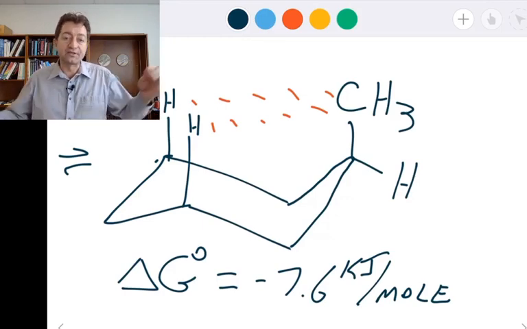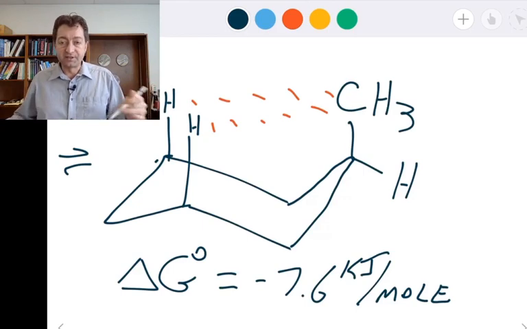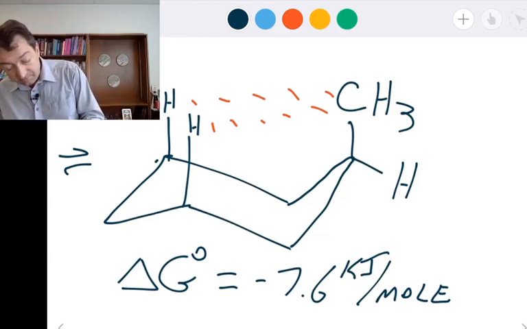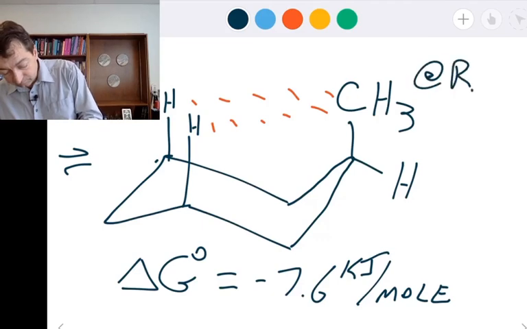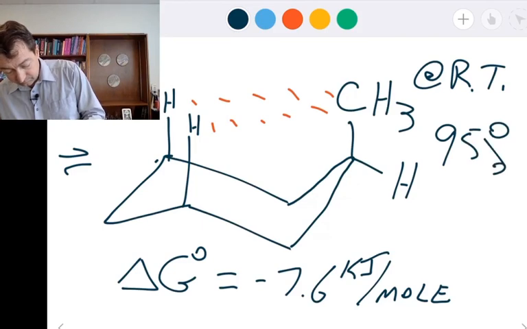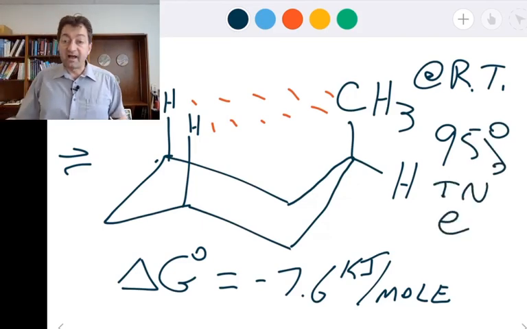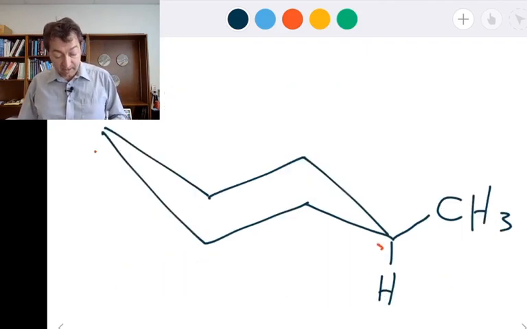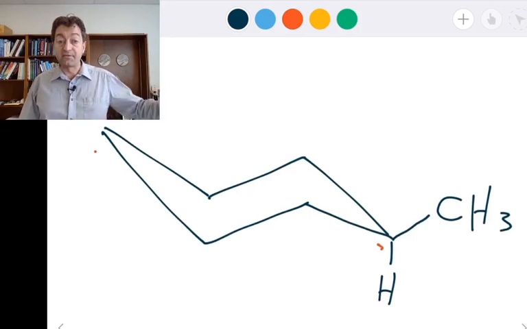Now again, you might be saying, what's the big deal here and who cares? It's just a bit of chemical trivia, but that's a pretty big difference in energy for things like conformations. The result of this is that at room temperature, 95% of methyl cyclohexane is sitting in the conformation where that methyl group is sticking out in the equatorial position.